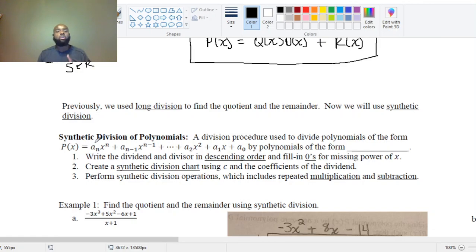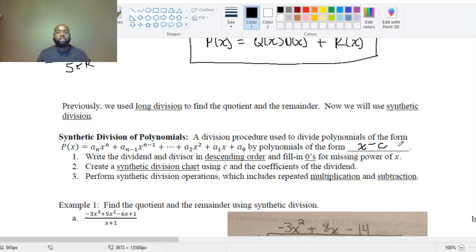We can only use synthetic division if we have a polynomial that's going to be divided by a polynomial that looks like this. It's basically a linear binomial, linear because it's x to the first power, and you're going to have x minus some number. This number c is going to be used in the synthetic division algorithm, and that's why we write it as x minus c.